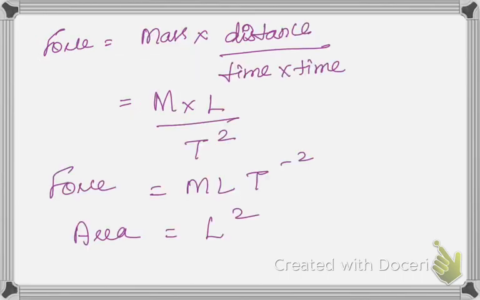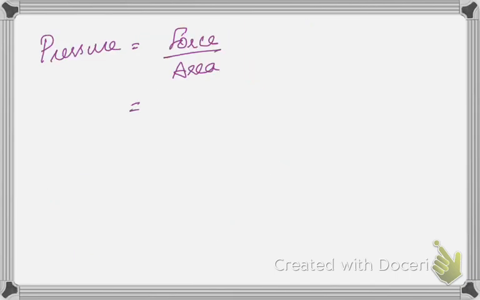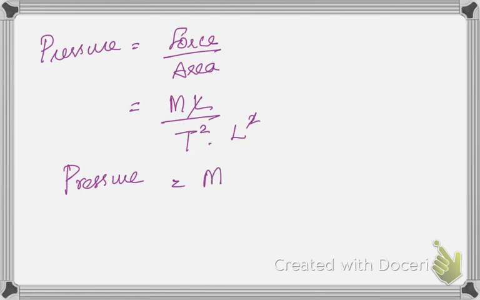So pressure will be equal to force by area. So force we have derived as M L t power minus 2. Area is L square. So one L will get cancelled. So for pressure the dimension is M L power minus 1 t power minus 2.